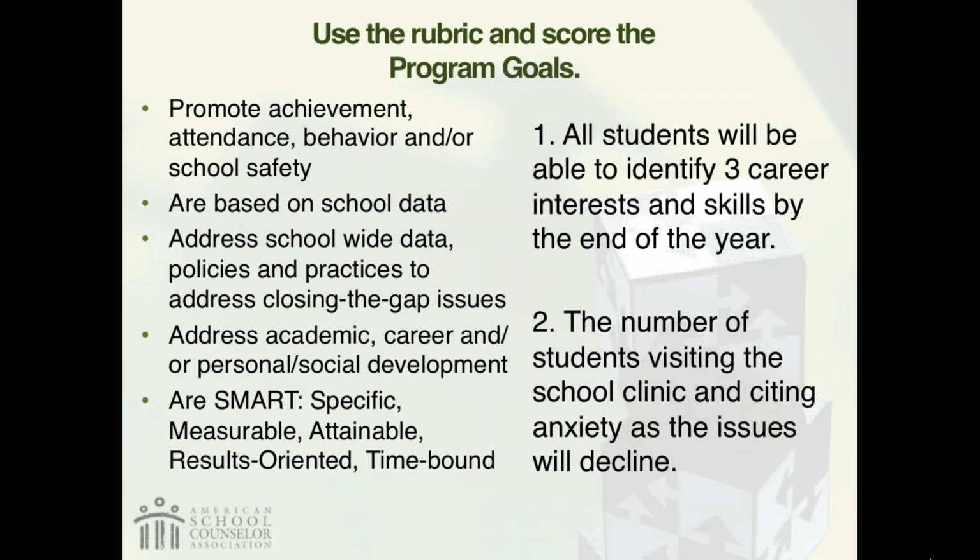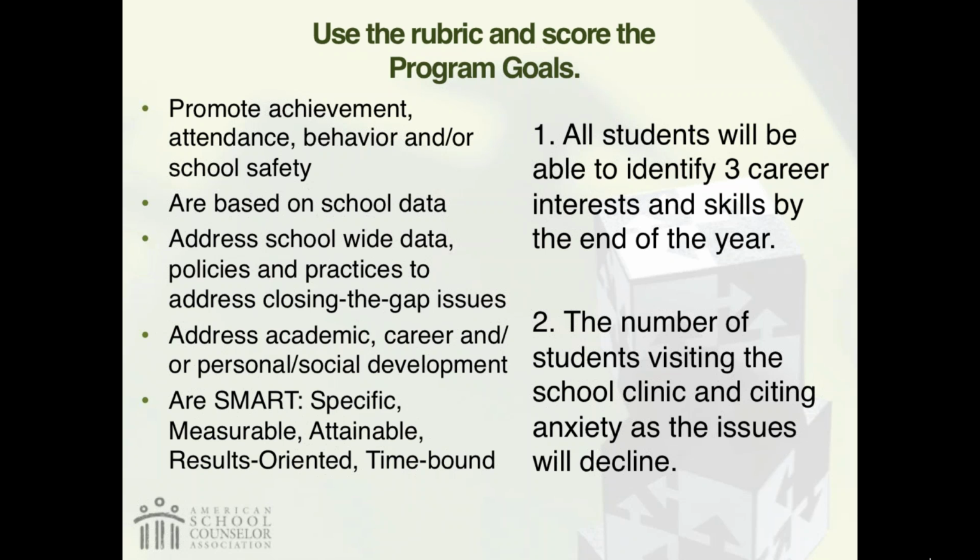So when you use the rubric, you're able to score your program goals. On the left side, we have the 5 criteria for effective program goals. On the right side, we've given you 2 goals. The first one: all students will be able to identify 3 career interests and skills by the end of the year.